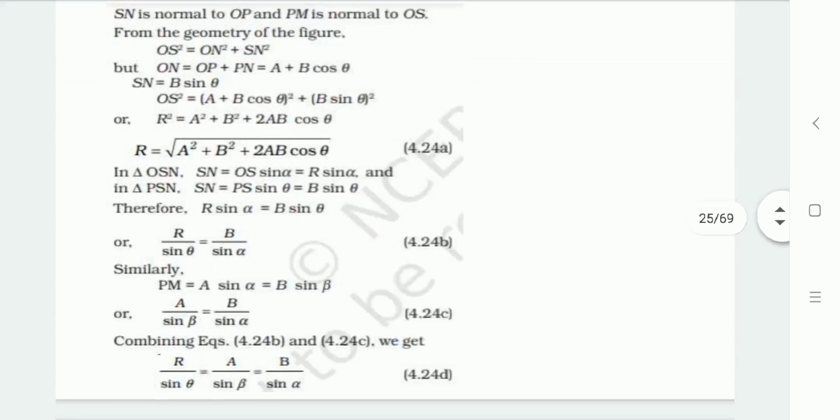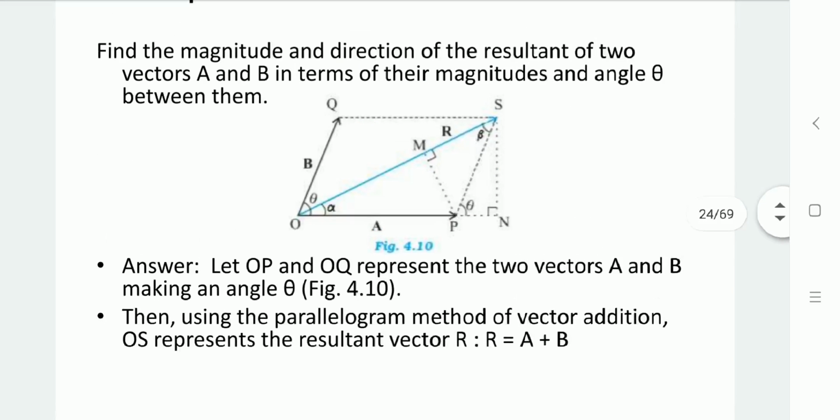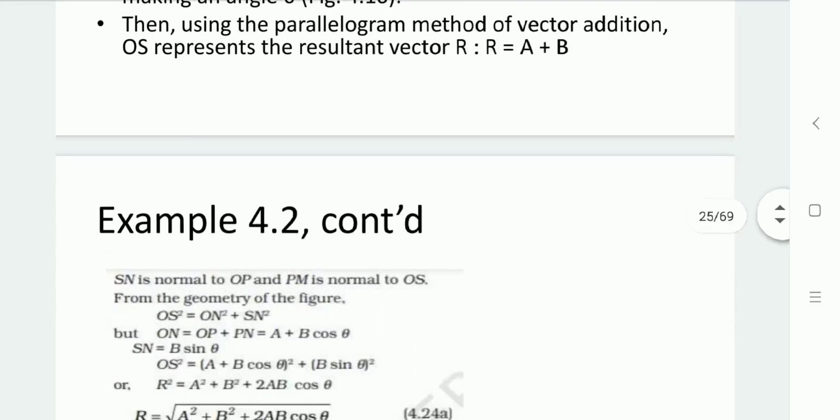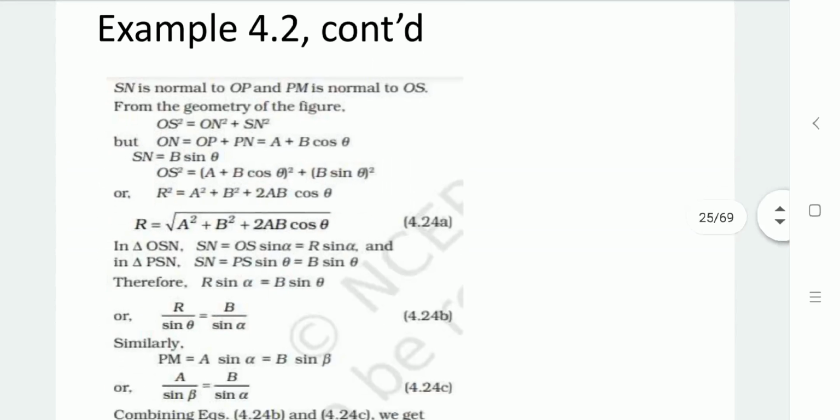So with that, SN equals OS sin alpha, where alpha and beta are angles defined between the OS and OP vectors, that is alpha, and beta is the angle between OS and SP. So SN equals OS sin alpha, that would be R sin alpha.